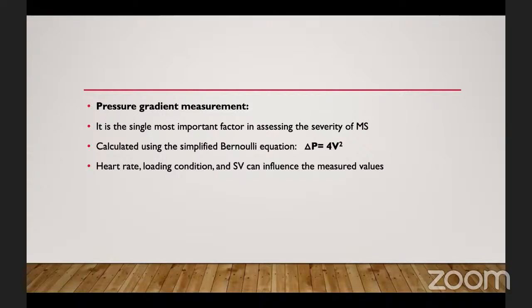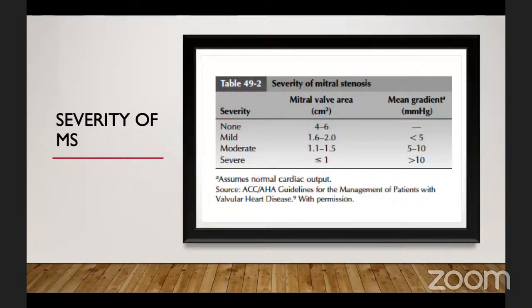That's why in assessing the gradient and severity intraoperatively, you might find it a little bit different from the preoperative echo, since the anesthetic effect and sedation will lower blood pressure and give you a different pressure gradient. So how to classify mitral valve disease? We have the mitral valve area and the gradient. There might be a little difference in the latest AHA guideline about severe and very severe.